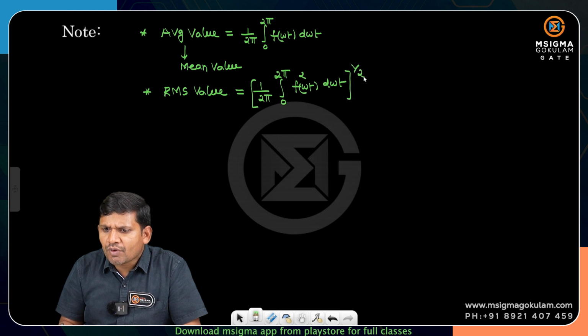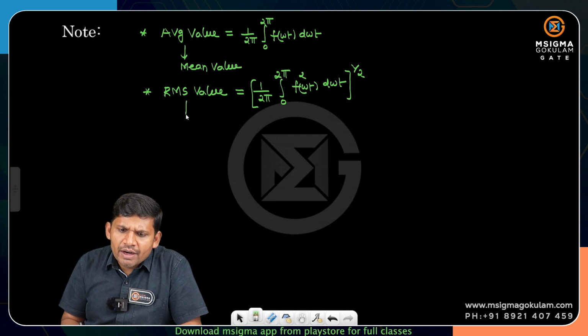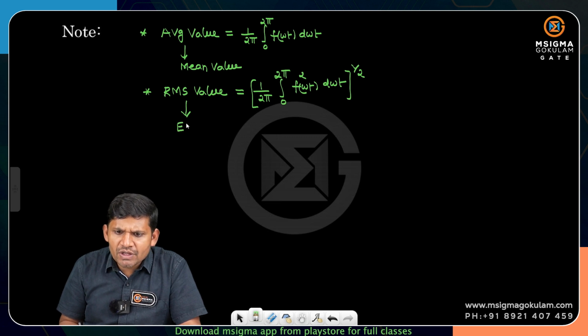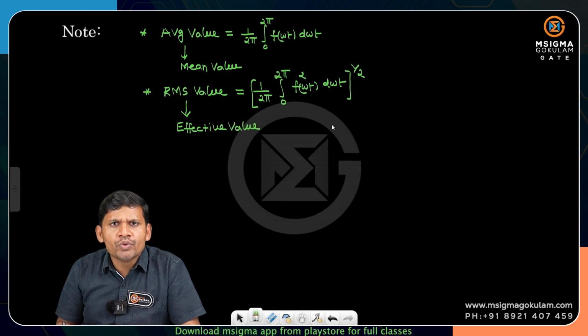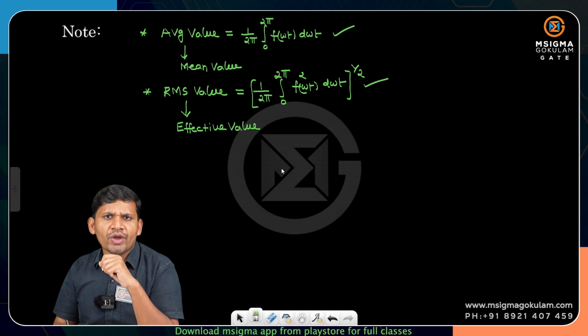This is the calculation of RMS value, students. What is another name for RMS value? RMS is the abbreviation of root mean square. This RMS value is also called effective value. These two formulas you have to use to find the average value and RMS value for a given waveform.